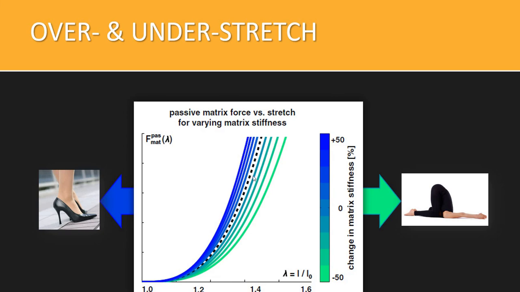Everything to the right of this dotted line, for example stretching here, results in a rightward shift of the passive force output of the muscle. This means that at any given length, the muscle is able to exert less force.